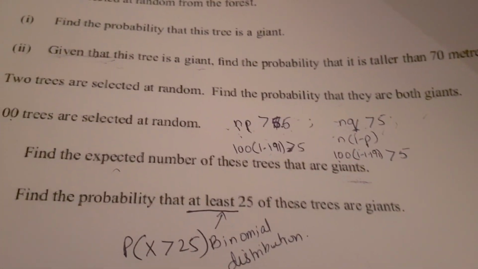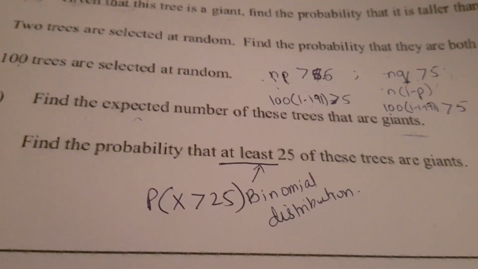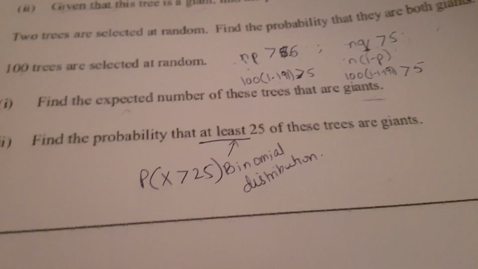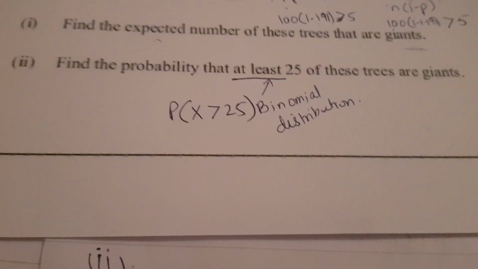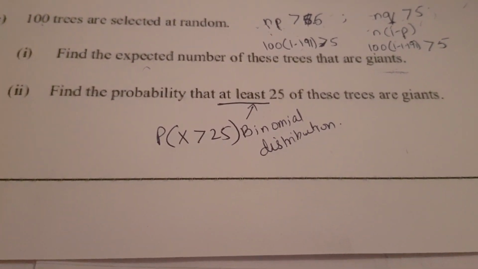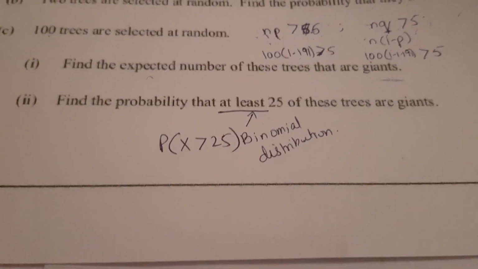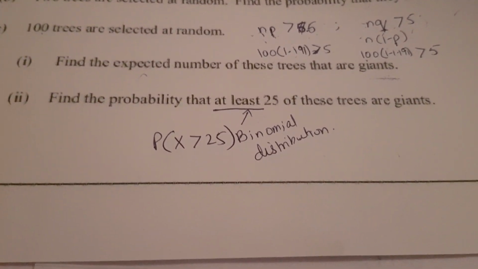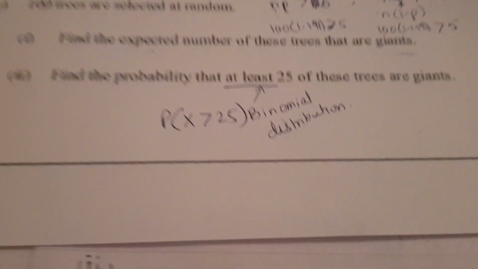In any question where they are telling you that the distribution is a normal distribution, and in that question a part comes with lines like at least or at most, and the number of selections is not really big, it's a fixed number, not infinite, then in that particular case you use binomial distribution.